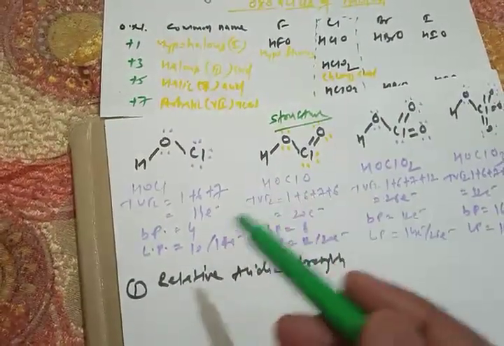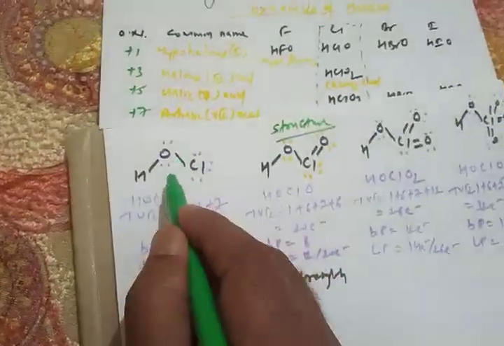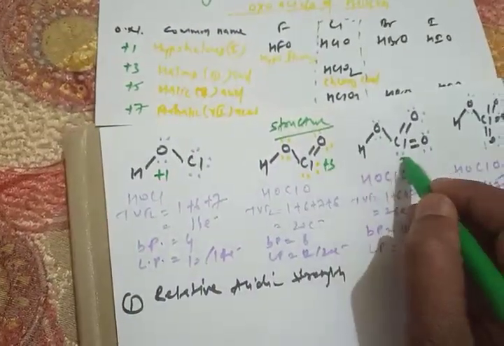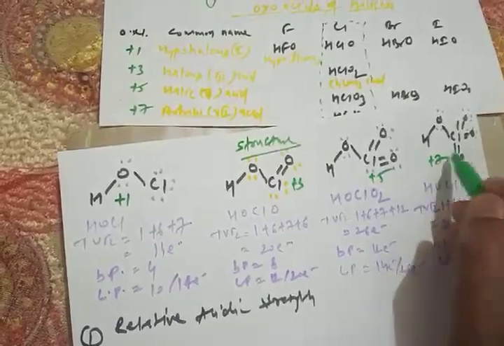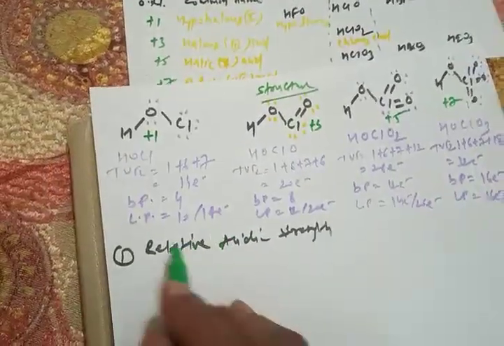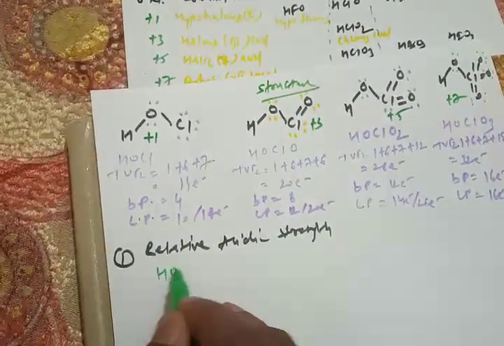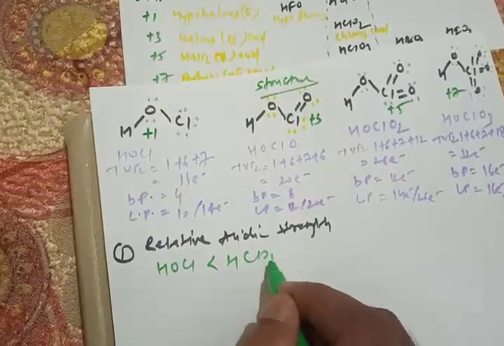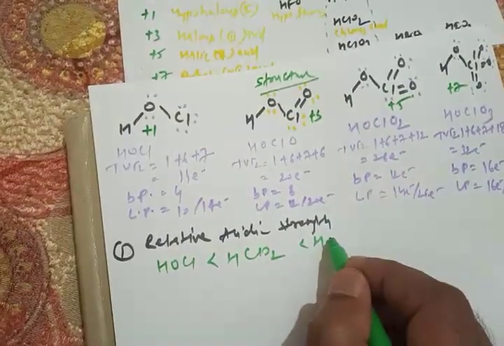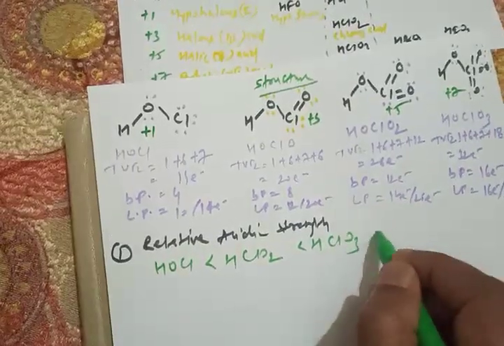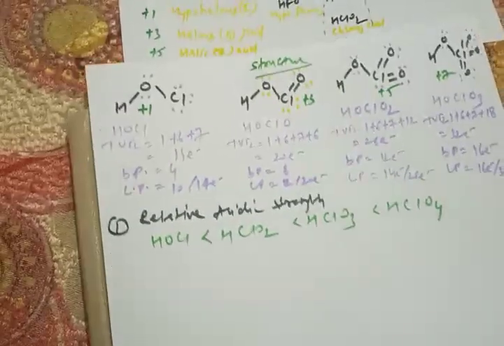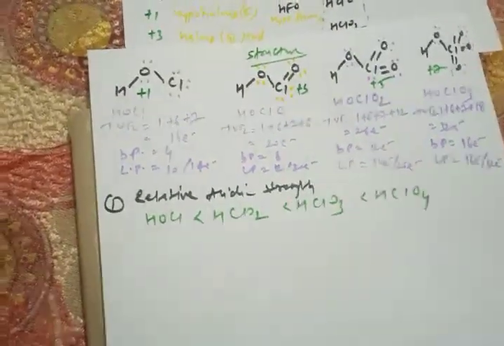We are talking about the oxoacids of chlorine. So here the oxidation number is +1, here it is +3, here it is +5 and here it is +7. So what is the order? The order is very simple: HOCl, then HClO2, then HClO3 and then HClO4. As per the increasing oxidation number, this is the acidic strength.